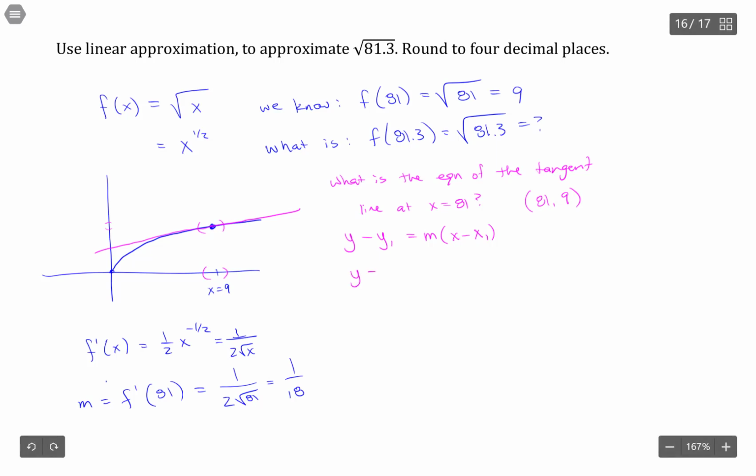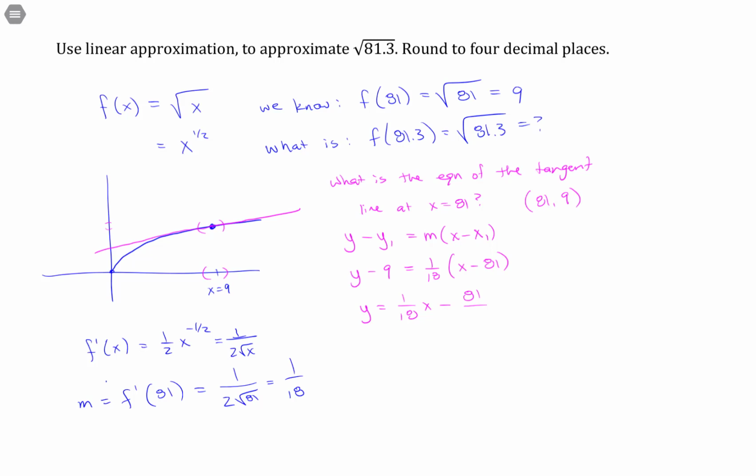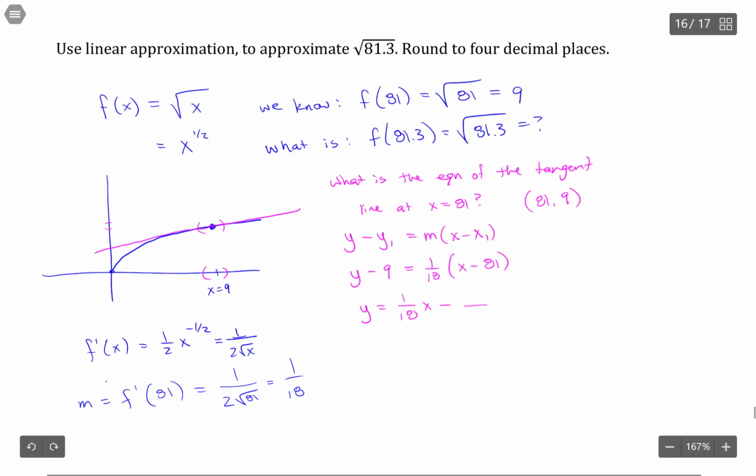So our tangent line, y minus 9 equals 1/18 of x minus 81. And we just need to simplify here. So y equals 1/18 of x minus, let's see here. Well, 9 would go into each of those, so I'll reduce.